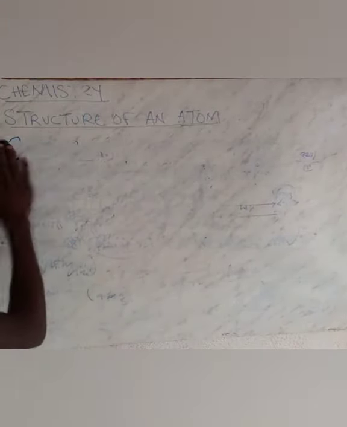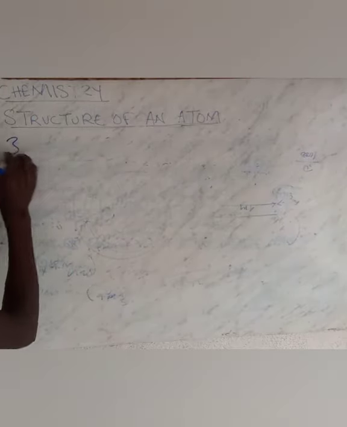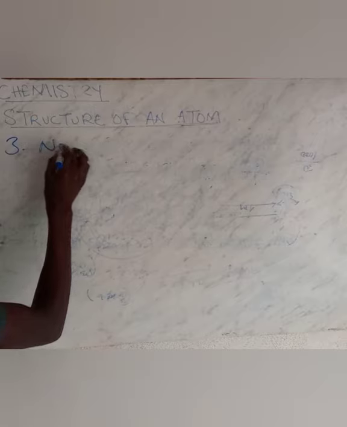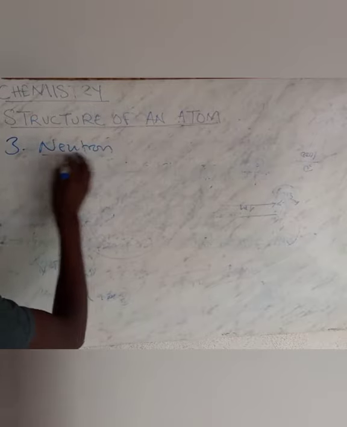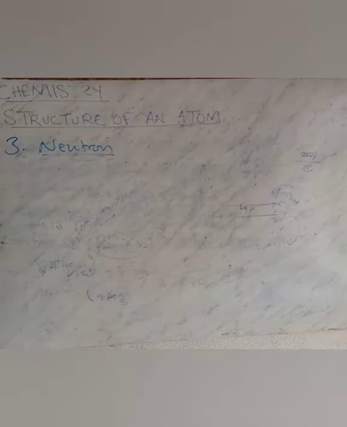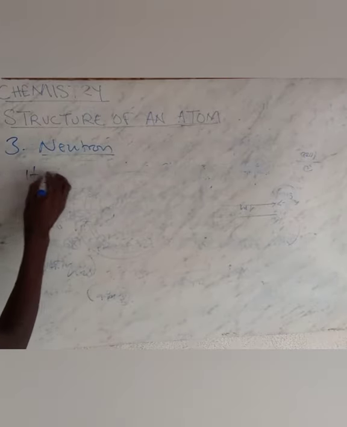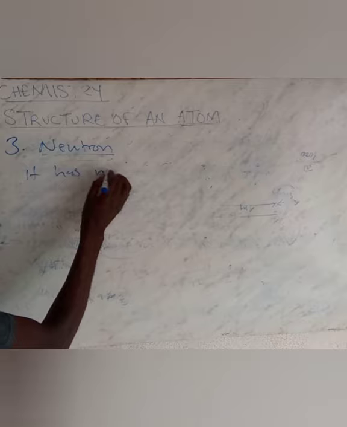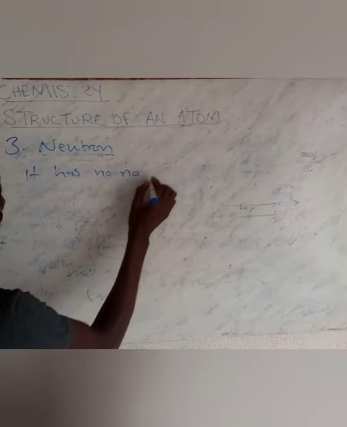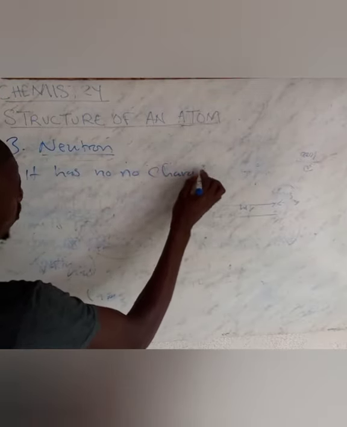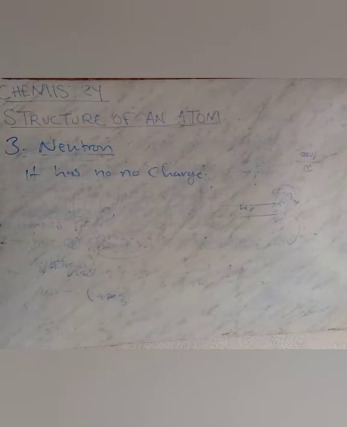We are going to look now at the neutron. So this will be 3. We have the neutron. Now, the neutron has no charge, because it is neutral.